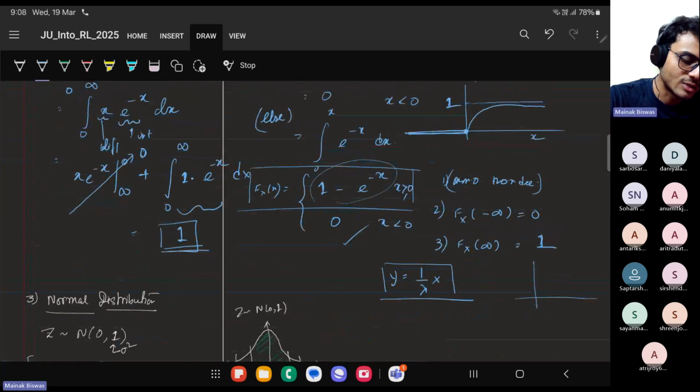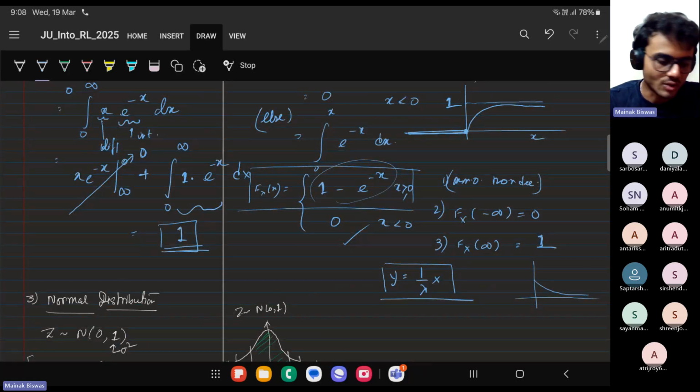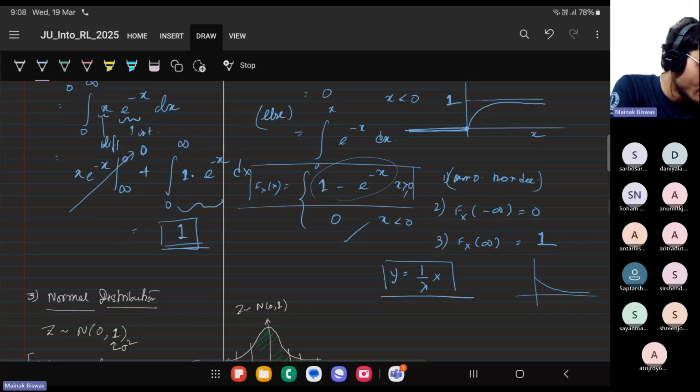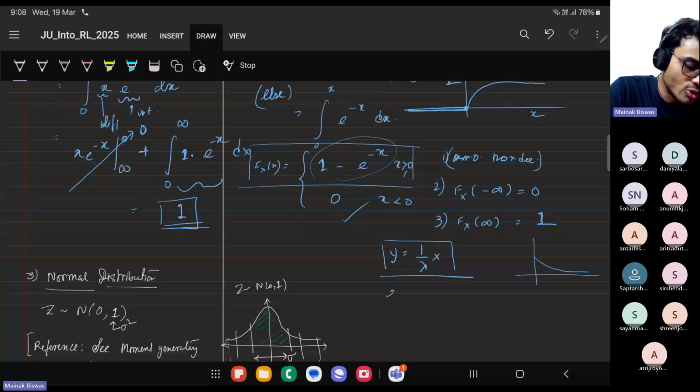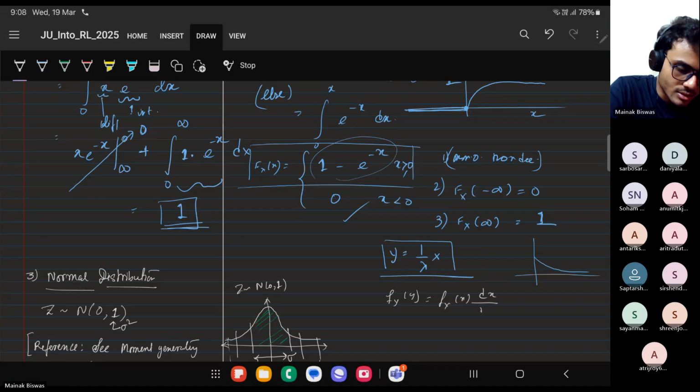If this was your exponential distribution's PDF and you are rescaling it by 1 by lambda, we'll see what happens. But try to keep that intuition in mind, and then I'll tell you why it is going to be that. So now I want to find the distribution of y. What can I do? I can use this formula, right?